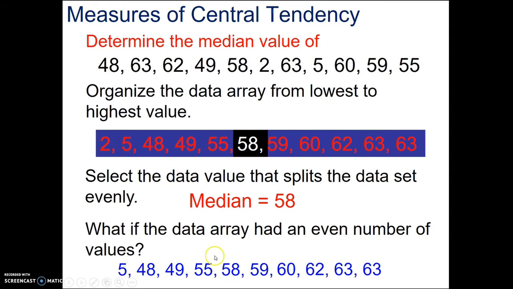So my middle spot is in between 58 and 59. And I would find the middle spot between those two. So if I were to add those up and divide it by 2, my median would be 58.5. So I'm trying to find what the middle point between the middle numbers would be if we had an even number.